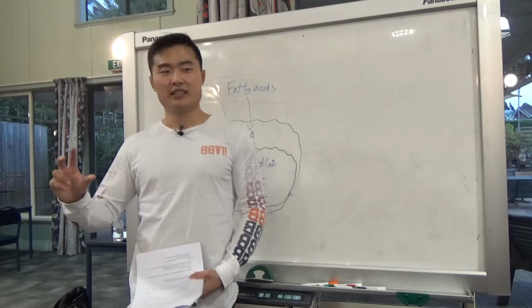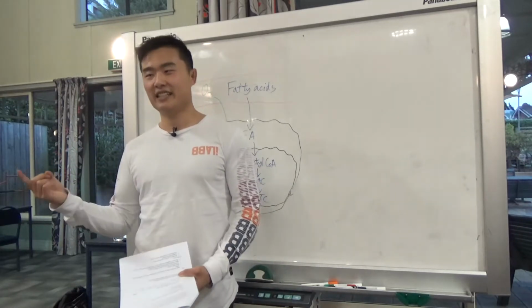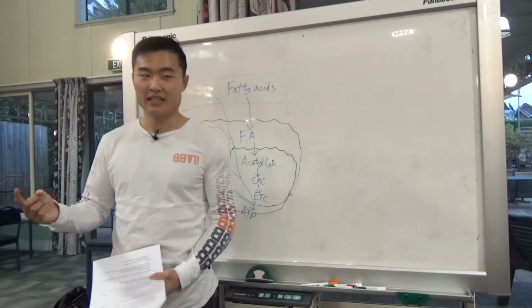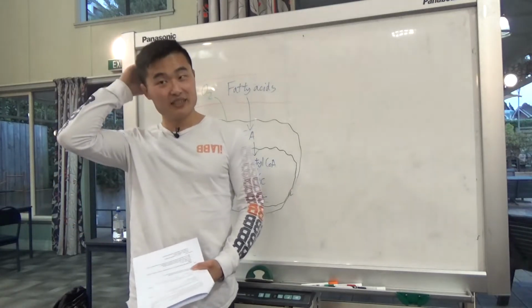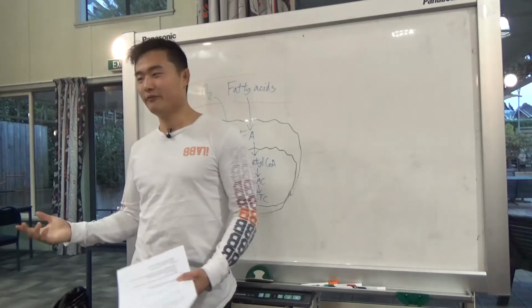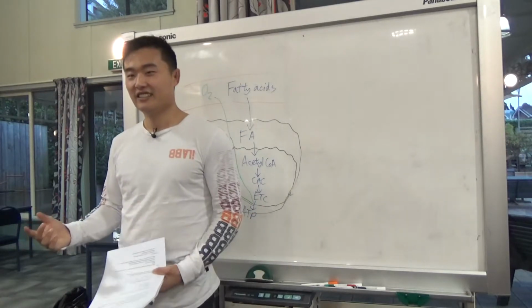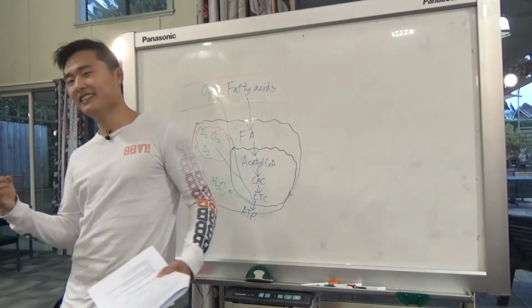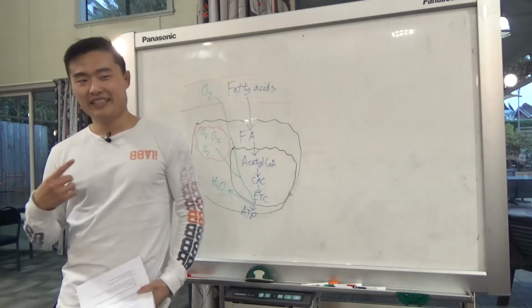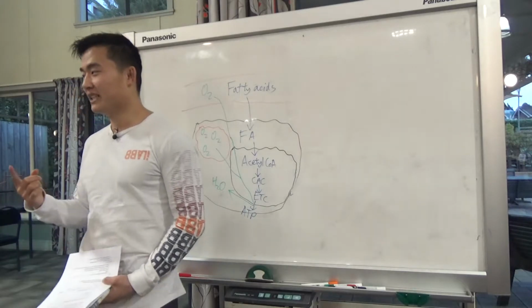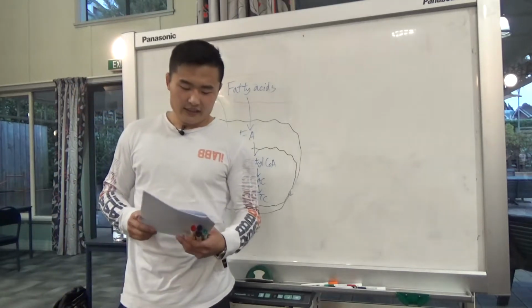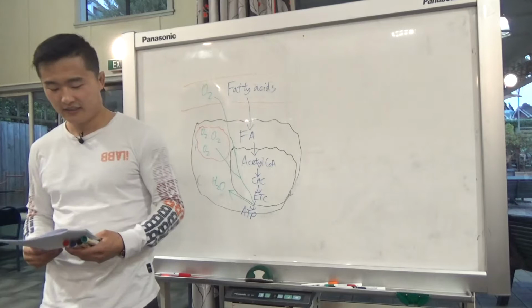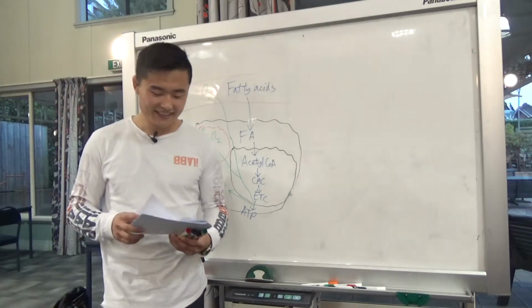Back in like the 1600s, they didn't have fancy blood tests like we do now, so one of the ways to diagnose someone was to taste their urine. And if it was sweet, then that person had diabetes mellitus. So luckily, we don't have to do that anymore.